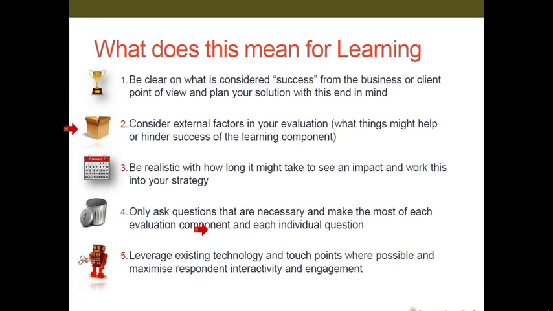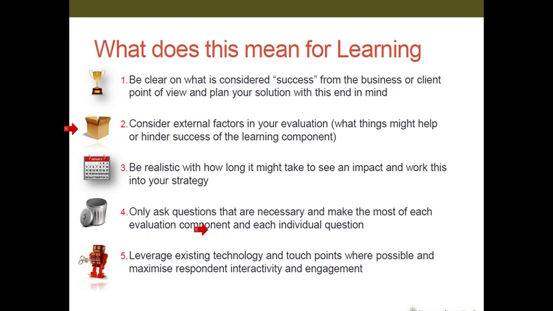The second point is to consider external factors in your evaluation. As I mentioned before, there are things that might help or hinder the success of the learning component of a strategy. If you have a transformational project where there might be a change in role type, therefore different remuneration, different incentives, and then of course learning associated with that, there are going to be multiple things that impact success of that overall project, where learning is an essential part of it.